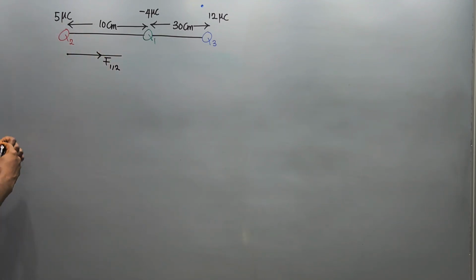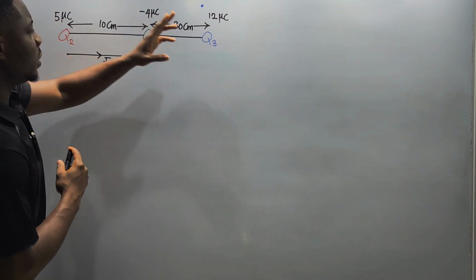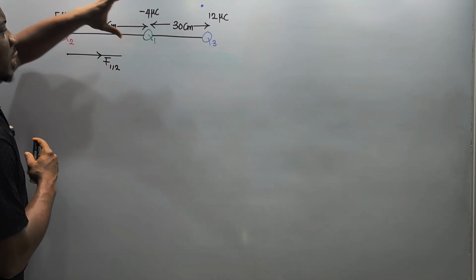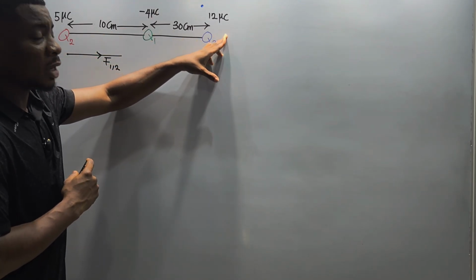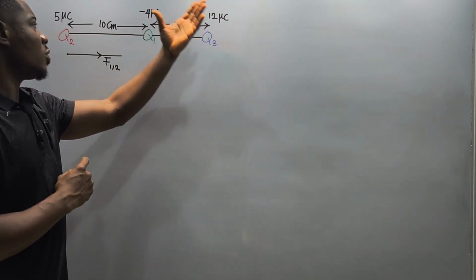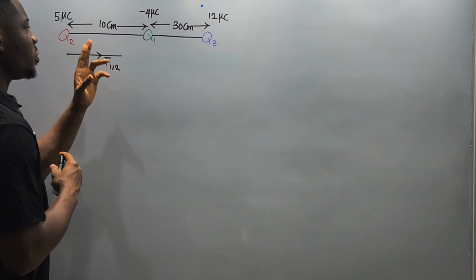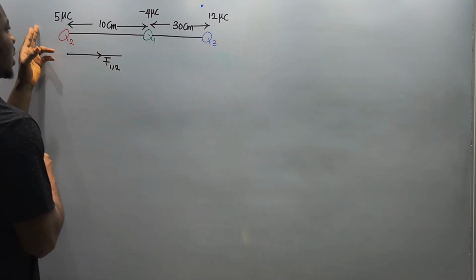How about between charge 2 and charge 3? Charge 2 is positive, and charge 3 is positive. So the force of 3 on 2 would be that charge 2 is going to repel from it, because they are like charges.